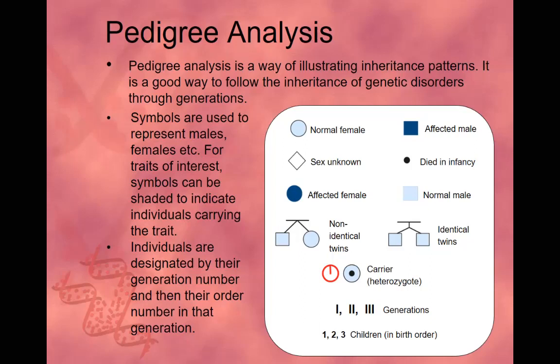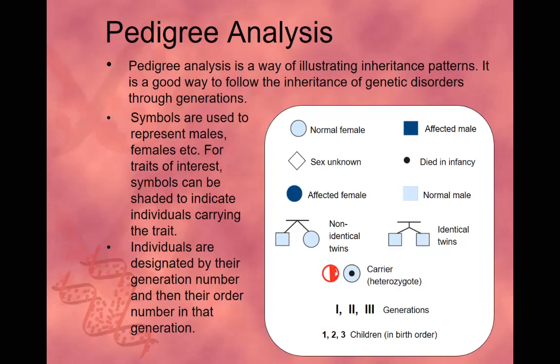So we draw a line down the center, and then color in the other side. All right. So either one of these is perfectly acceptable for when we do a carrier.